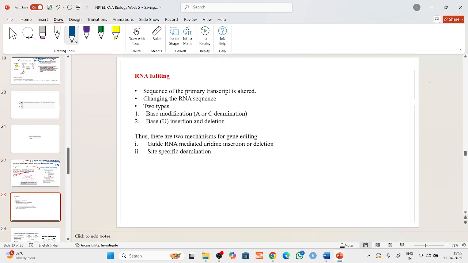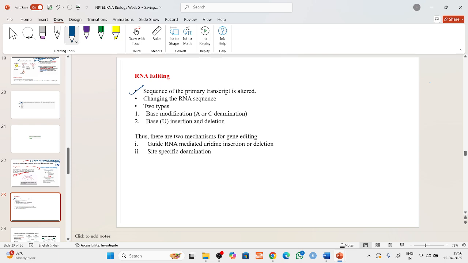Okay. So RNA editing. Up till now we have studied alternative RNA processing. Apart from alternative RNA processing, there is another way by which RNA can be processed, and this is known as RNA editing. Here the sequence of the primary transcript is altered. That means we are changing the sequence itself. In alternative processing, were we changing the sequence?